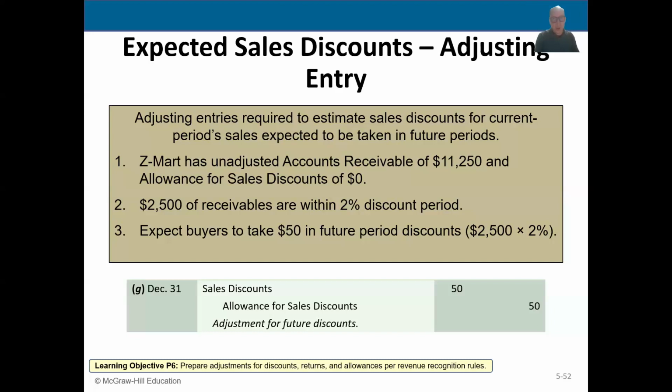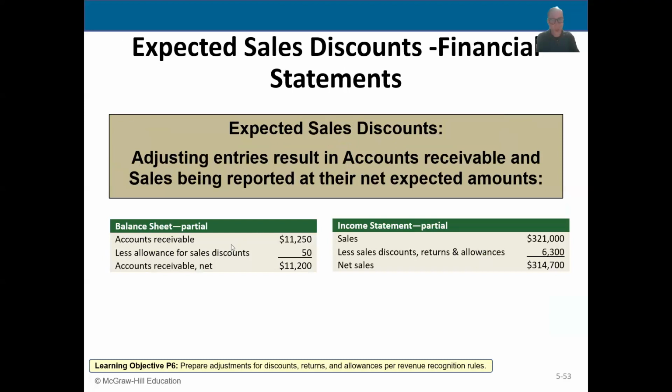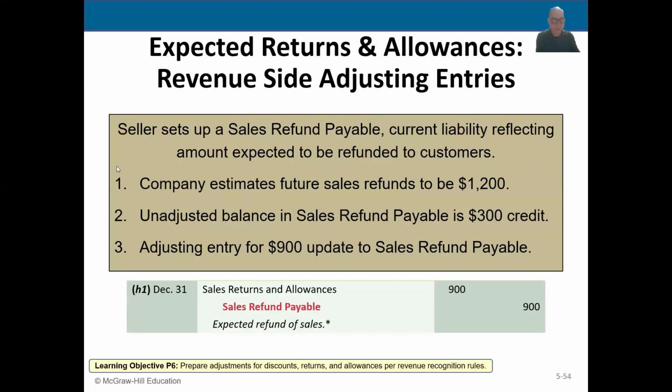We debit sales discounts and we credit the allowance for sales discounts. It's a method that we use for estimating sales discounts, and of course, we do that through an adjusting entry.